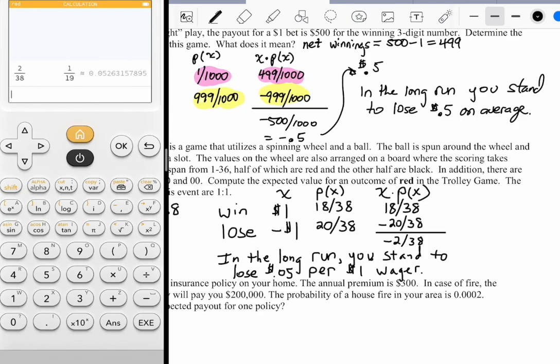In the lottery question, we determined an expected value of 50 cents, right? Half a dollar. So in the long run, you stand to lose. If you bet $1 in a lottery and you play that lottery over and over again, and you take all of your winnings and all of the losses, add them up and divide by the number of trials, you should get about negative 0.5.